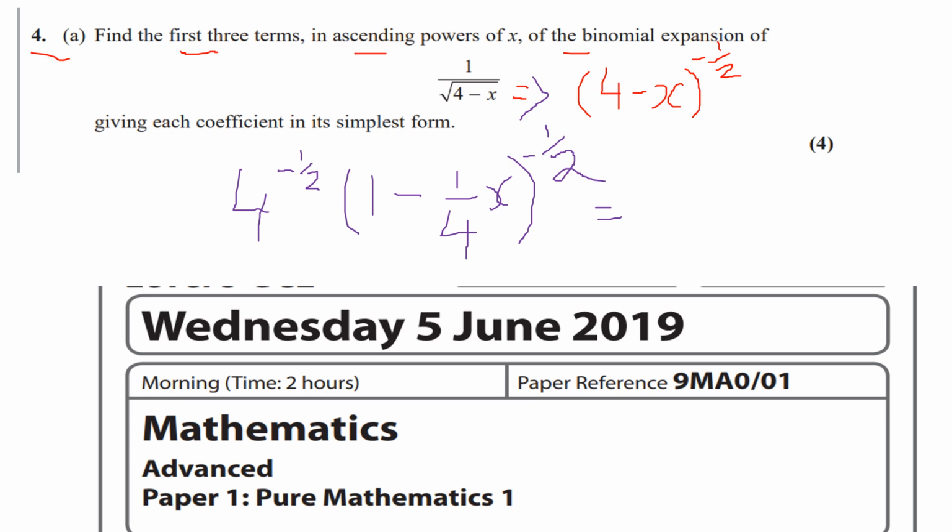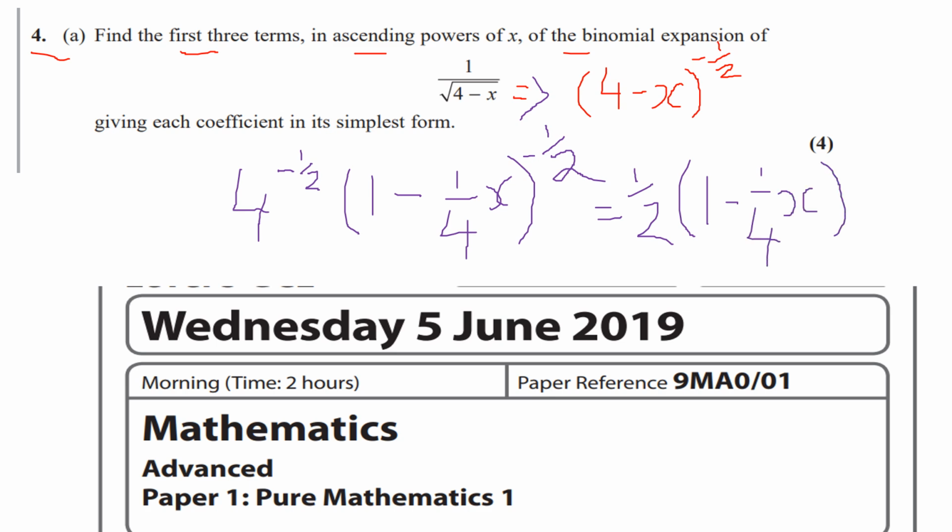At the beginning it was in the form 4 plus something, so to change that we factor out the 4. 4 to the minus half is 1 over root 4, which is a half. We have a half brackets 1 plus a quarter x to the minus half.